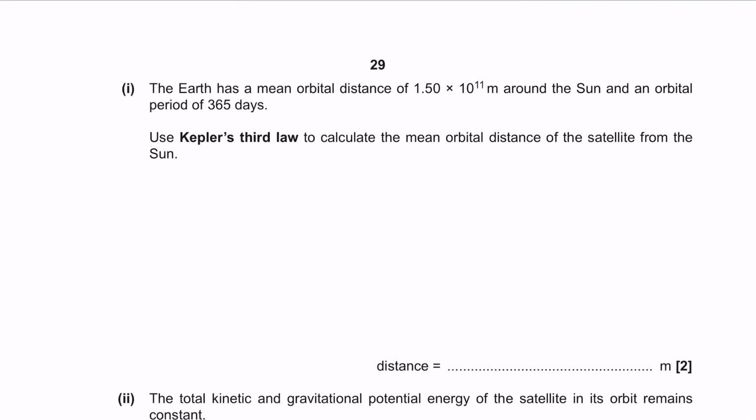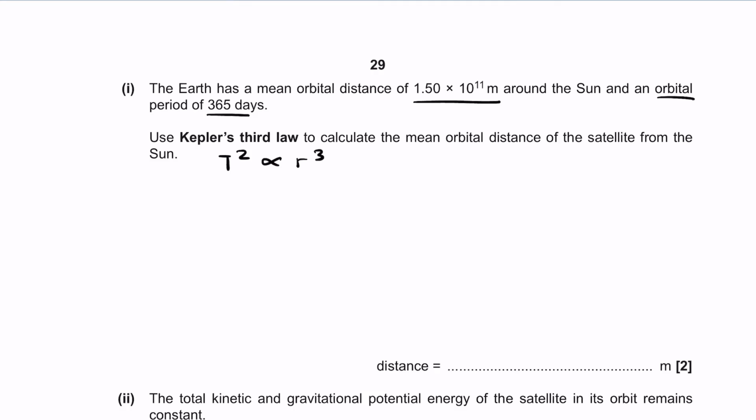It says that the Earth has a mean orbital distance of 1.5 times 10 to the 11 meters around the Sun, and an orbital time period of 365 days. Use Kepler's third law to calculate the mean orbital distance of the satellite from the Sun. Kepler's third law is what we just proved, which is T squared proportional to r cubed.